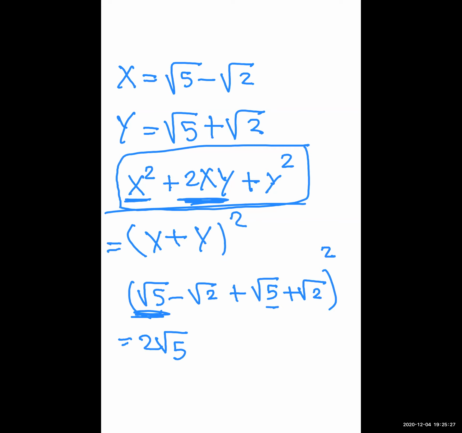Square root of 5 and square root of 5 is 2 square root of 5, negative square root of 2 and positive square root of 2 is 0. So this term now squared: 2 squared means 4, times square root of 5 squared means 5. So it will equal 20. Clear? Yeah. Clear. Any questions till now? No, Miss. Okay, great. So we finished model 1. Actually, I will stop at this point.